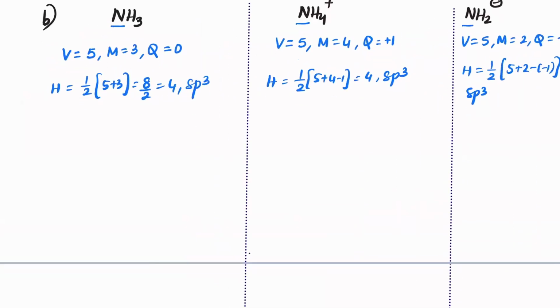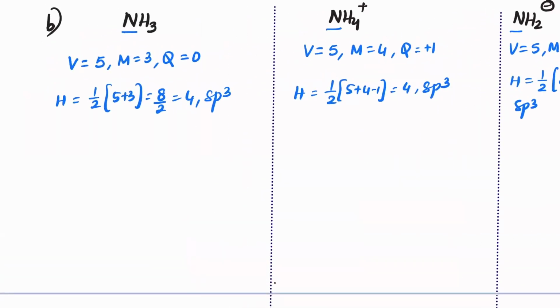Now let me tell you one by one how you need to assess how many bondings we have, how many lone pairs we have, and so on. First, check out this one. There are 4 connections. The steric number is like connections. There are 4 connections or 4 hybridized orbitals which you generated.